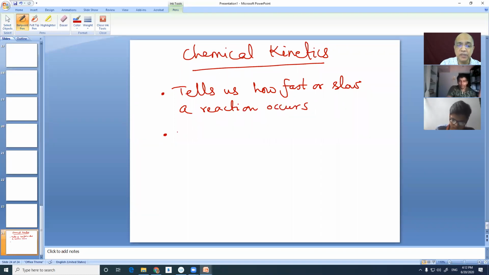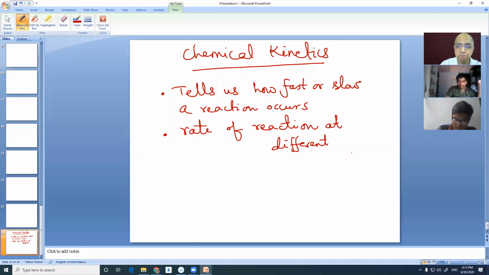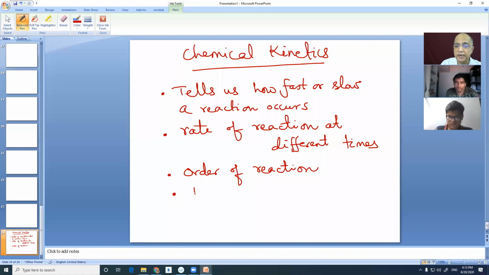And it also tells us the rate of reaction at different times. It also tells us the order of reaction. It also tells us how to find the mechanism of the reaction.